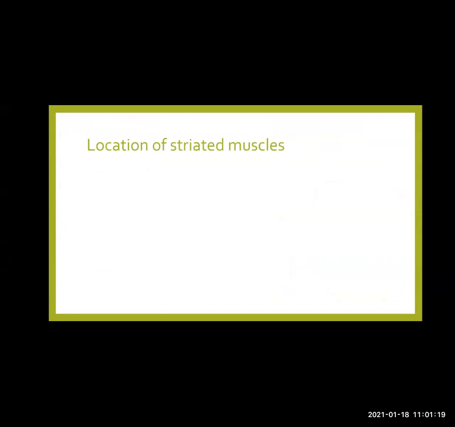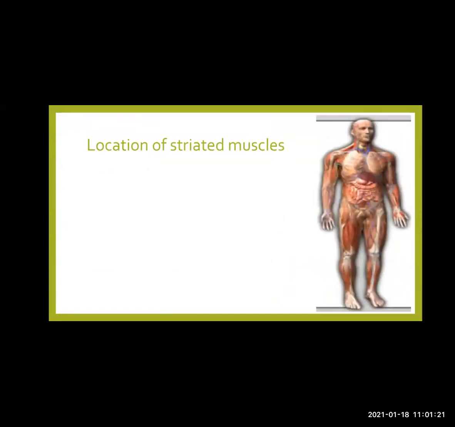Location of striated muscles. As I have explained, they are known as skeletal muscles. Striated muscles are attached to the entire skeleton. It starts from your face till the toes of your legs and tips of your fingers.